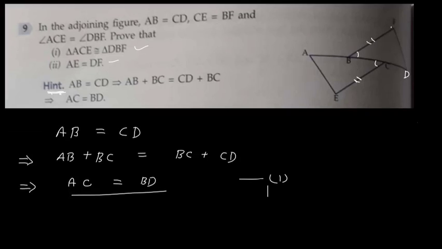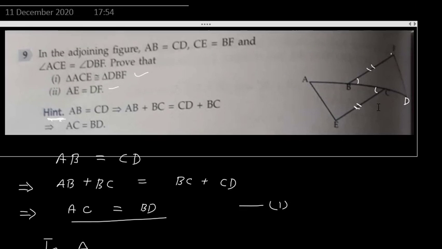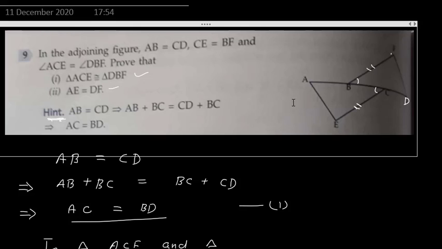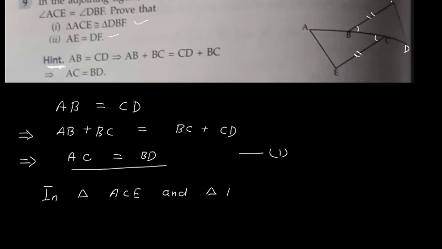Now I will take two triangles. I will say in triangle ACE, and I have started with A, so triangle ACE and triangle DBF.